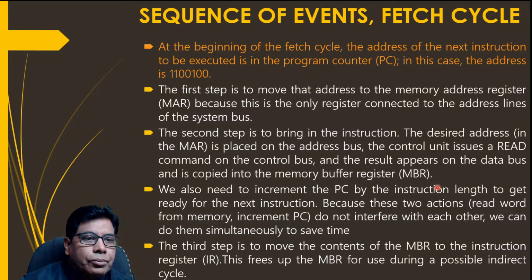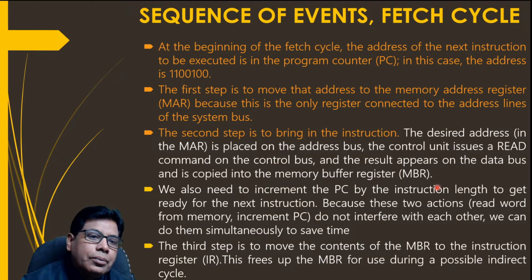Whatever the contents of PC, the first step is to move the address to the memory address register, MAR, because that is the only register which is connected to the address line of the system. We have seen the figure for that processor organization.